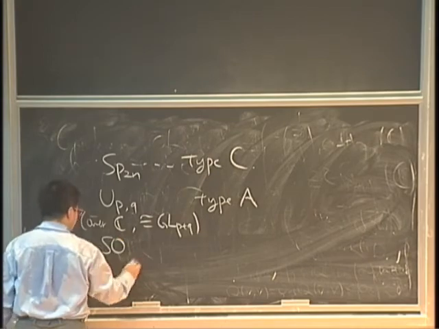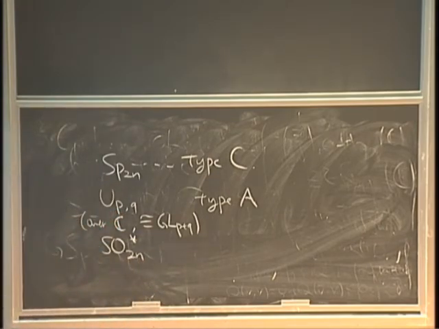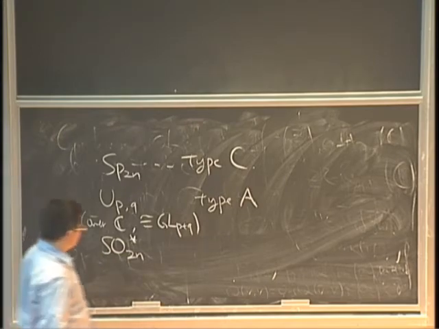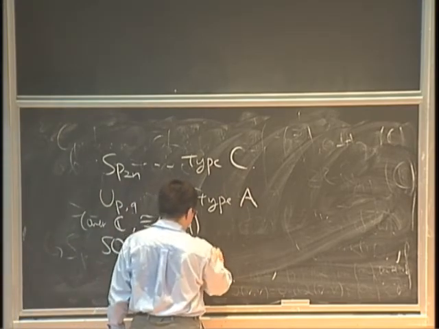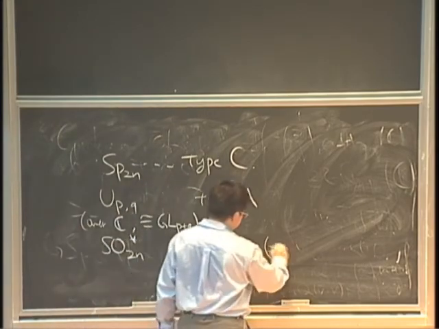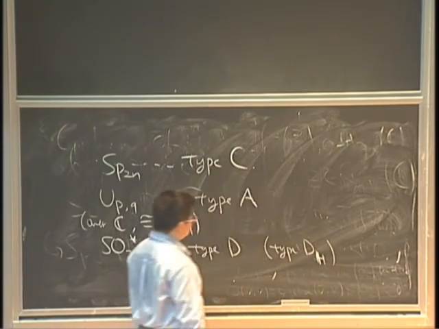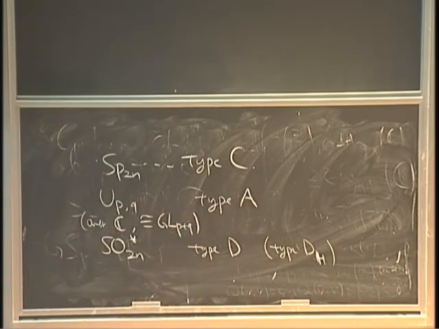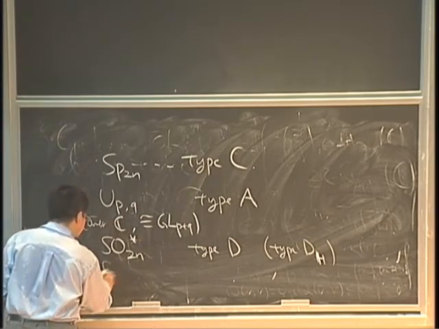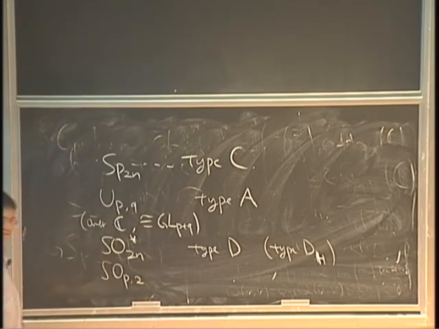For SO, it really depends on which kind of SO you're talking about. So I mentioned this SO2n star. This is type D. But I think, for example, in Deligne's article, he will write type DH, probably to indicate some closer relation to Hamiltonians. I'm not sure if that's the reason, but in any case, we still have just a new example here, P, Q being 2.